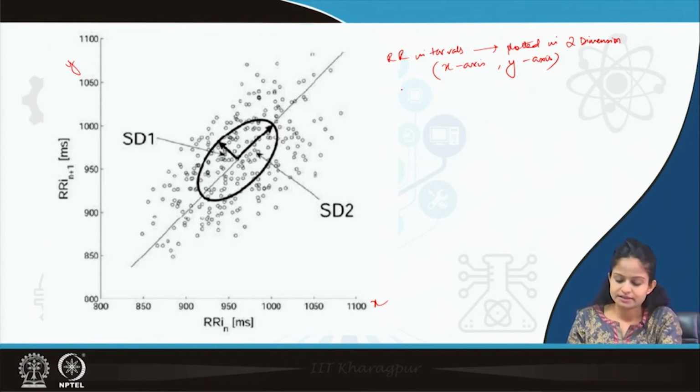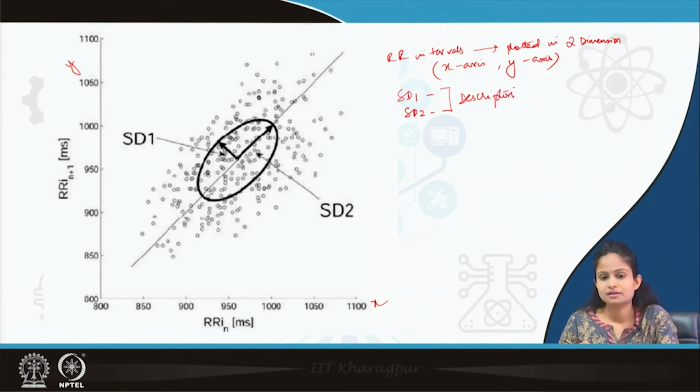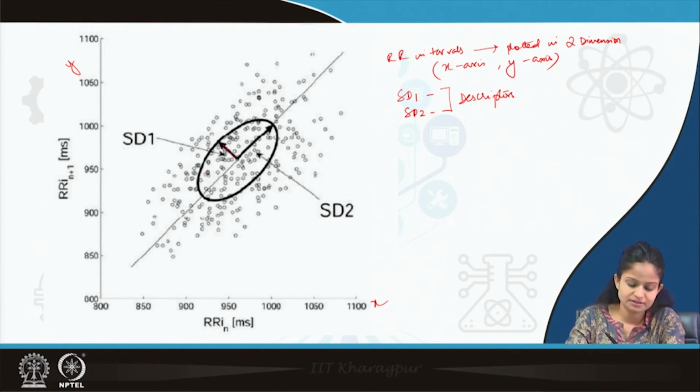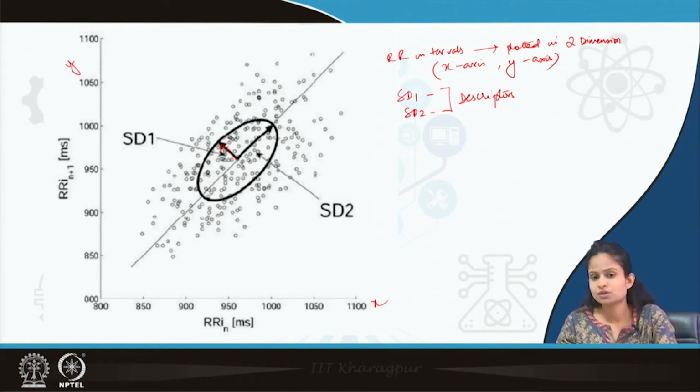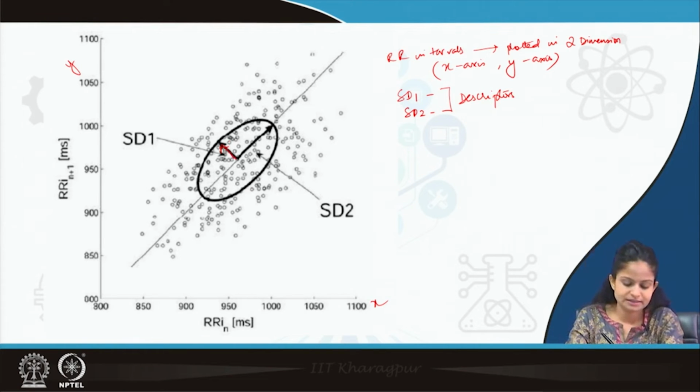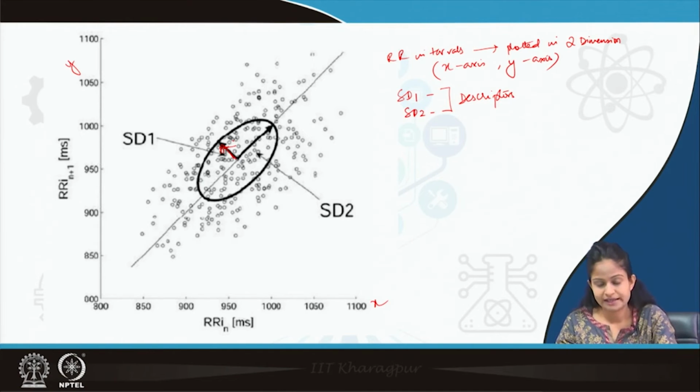Generally SD1 is one descriptor and SD2 is the other descriptor. These are the points of dispersion. This is the point of dispersion which lies perpendicular to the line of identity. We can see it is lying perpendicular to the line of identity.